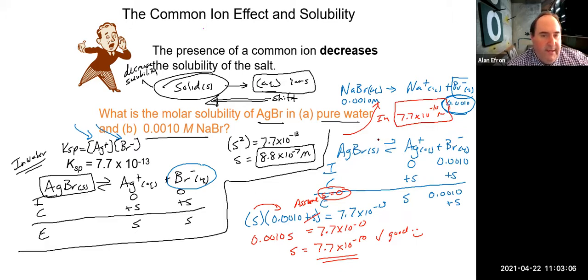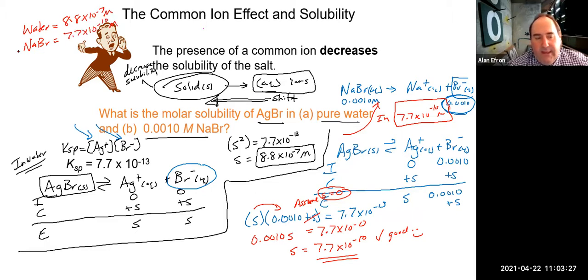What do we see upon comparison of our silver bromide in water versus our common ion of sodium bromide? Well, we see that again, it's 8.8 times 10 to the minus 7 molar. This guy is 7.7 times 10 to the minus 10 molar.